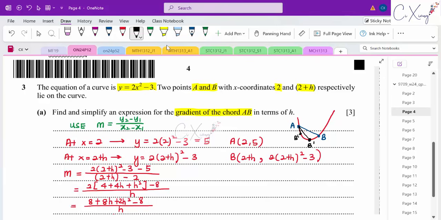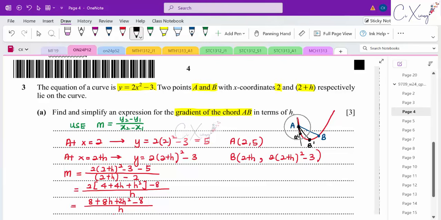Then if my B is very, very close to A, eventually it will become the gradient of A, which is the gradient of the tangent at point A. But you have to make sure that B is very, very close to A. How can I make sure of that? That means when h is very, very small, almost 0. Because if h equals 1, that means B has x coordinate 3, which is quite far away from A.